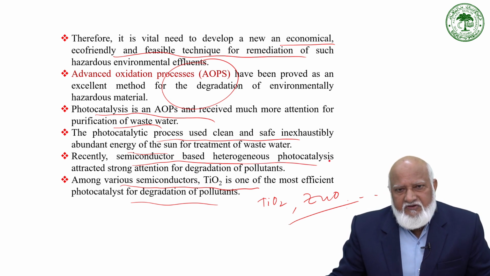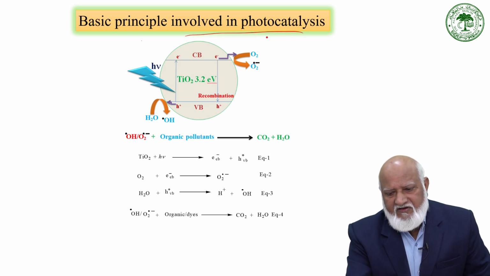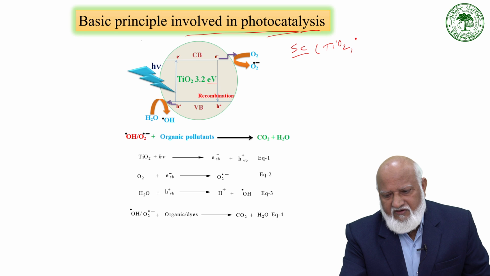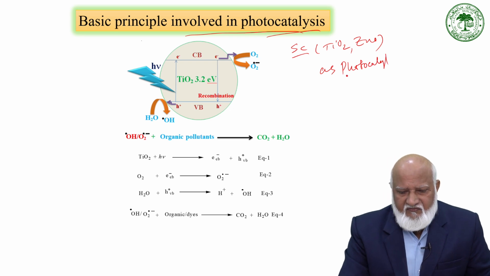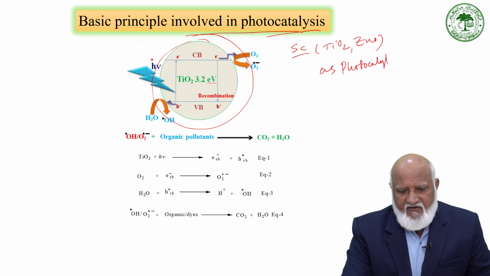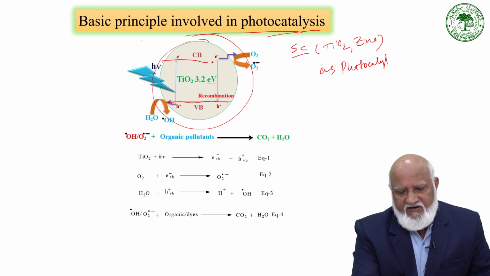The basic principle involved in photocatalysis involving semiconductor as a photocatalyst, semiconductors such as TiO2 or ZnO as photocatalyst. So we know that considering this as the surface of the semiconductor, the semiconductor is characterized by a filled valence band and a vacant conduction band.